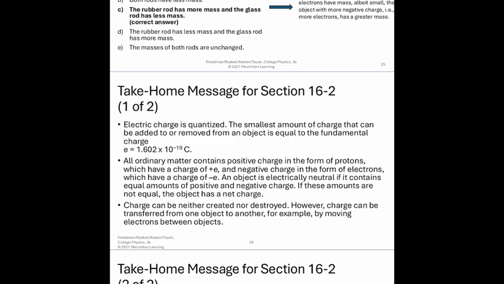And charge can be neither created nor destroyed. The conservation of charge is basically what that is stating. It's a fundamental property of electrostatics.